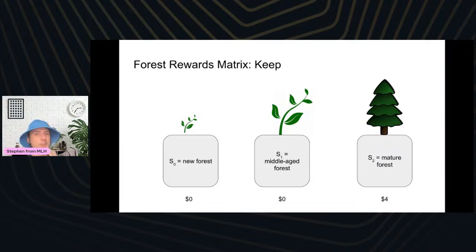Whatever the reason is, the government will pay us this reward to keep the forest in its mature state. And you'll notice that for the mature state, $4 is more than we would get for cutting it.